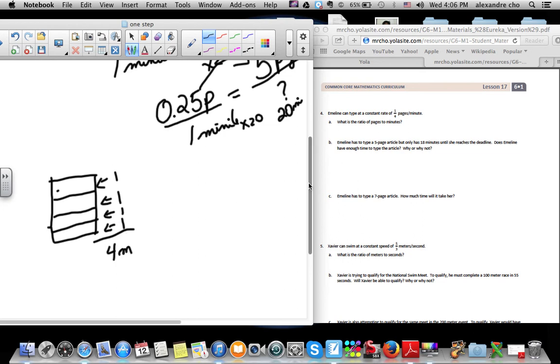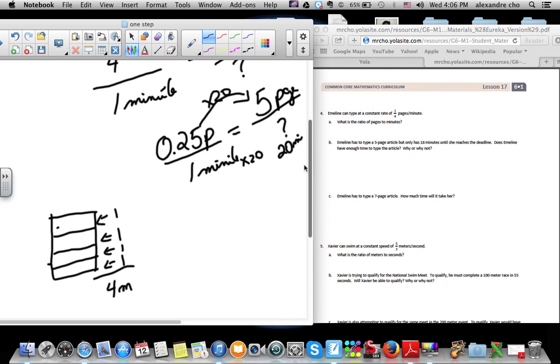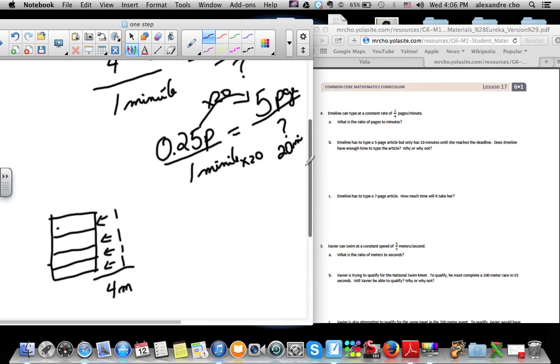Which is another thing you could have done here. You could have changed your ratio. But let's keep it as it is right now. So one page takes her 4 minutes, and we have 5 pages, right? So 5 pages would take 5 times 4, which is 20 minutes.